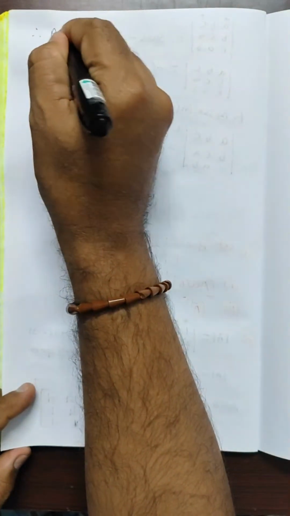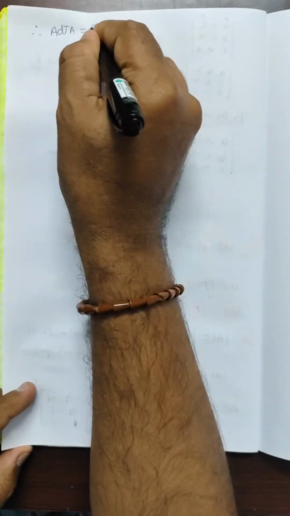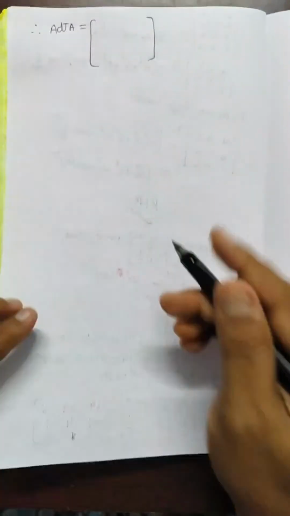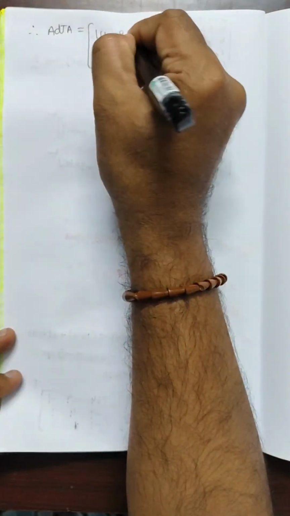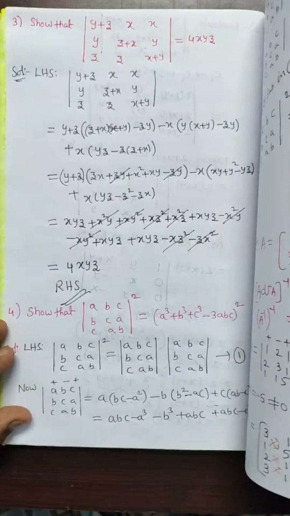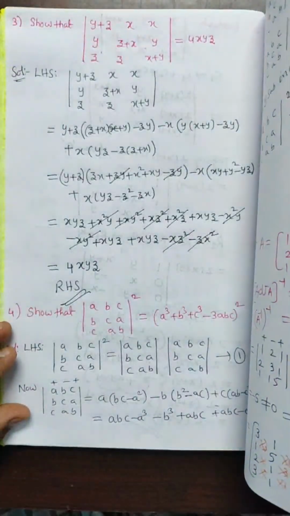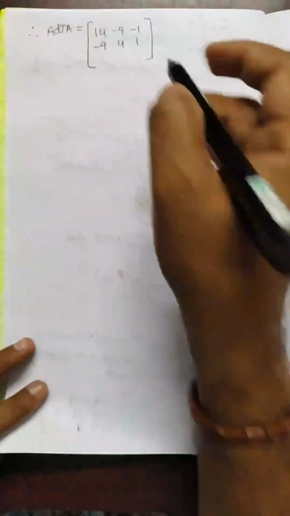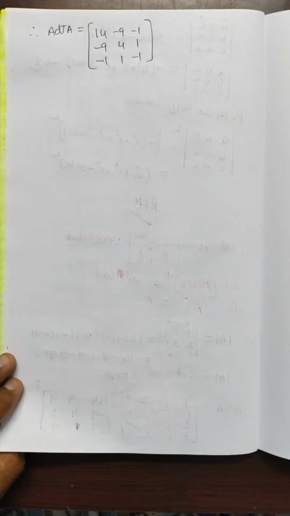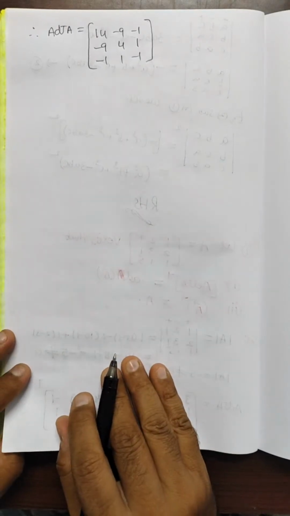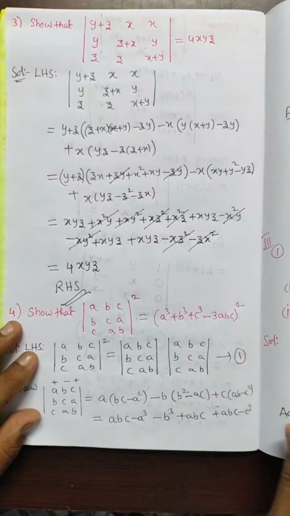So therefore adjoint of A is equal to, after transpose, dear students, 14 minus 9 minus 1, minus 9 4 1, minus 1 1 minus 1. This is about adjoint A. Okay. So they are asking to find adjoint A whole inverse is equal to adjoint of A inverse.